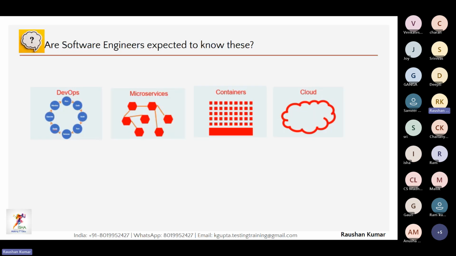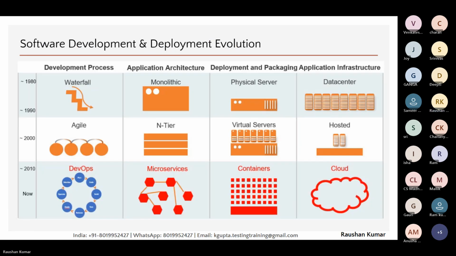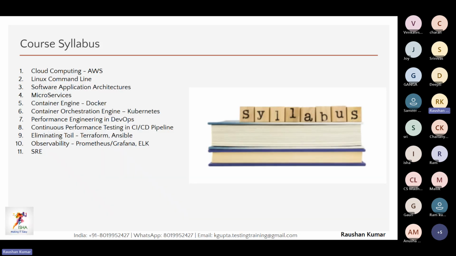Friends, now I'll talk about the next part of the agenda, where we talk about the course. The entire course is designed on these four technologies. I know the problem, what is required, and what people are looking for to bridge the gap.